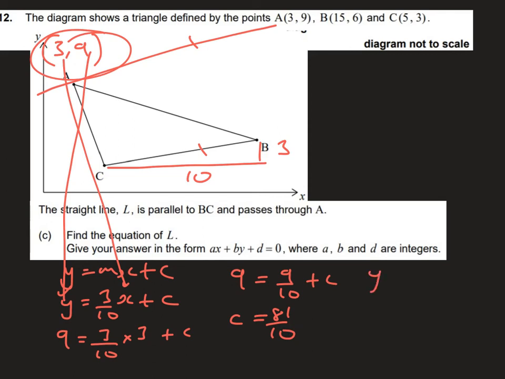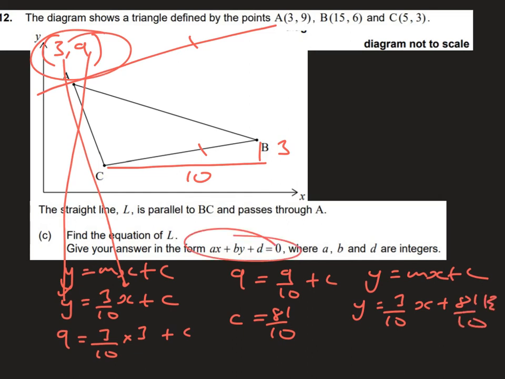So in the form y equals mx plus c, our equation is going to be y equals 3 over 10x plus 81 over 10. But we're asked to give it in the form ax plus by plus d equals 0, where a, b, and d are integers. First thing we're going to do then is to get rid of the fractions.